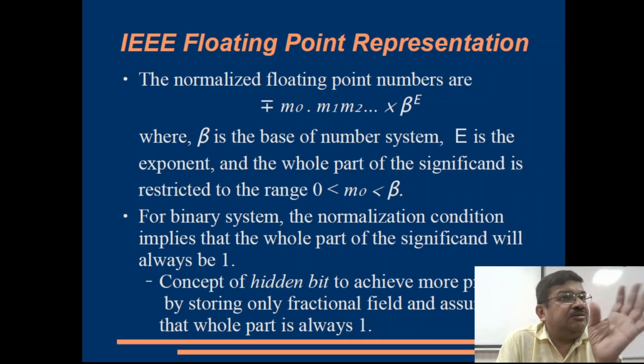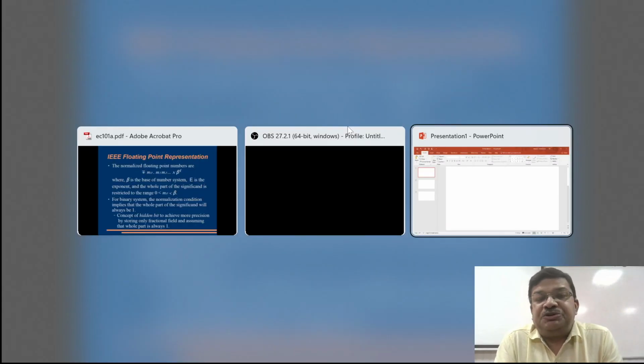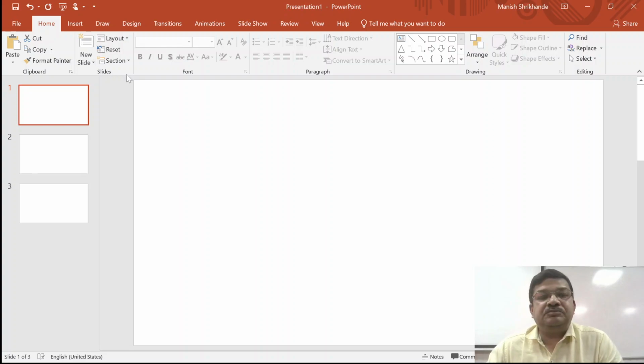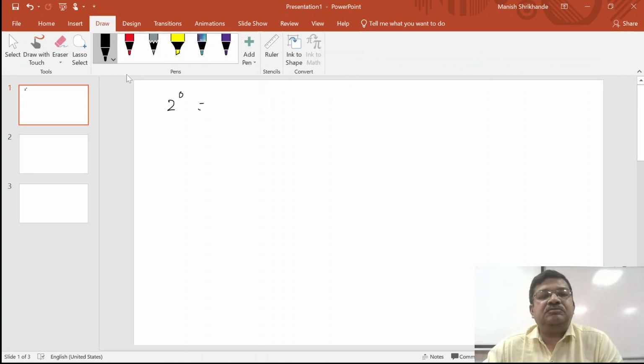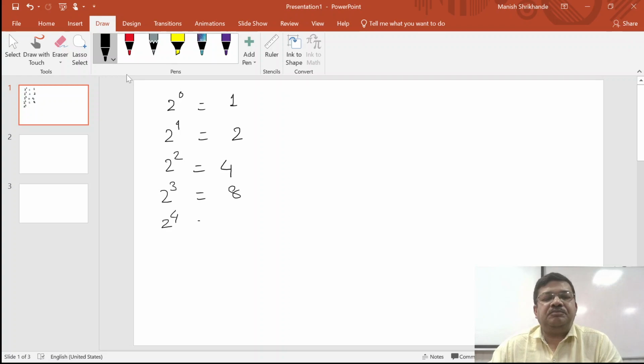The clue lies in what I started this discussion with. The distribution of numbers is exponential. Let us look at integer powers of 2. Right?